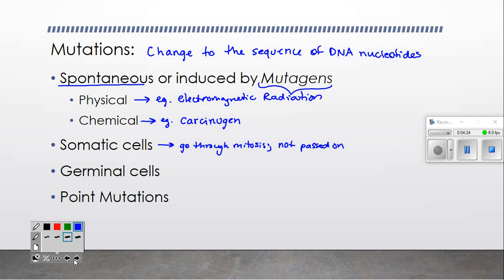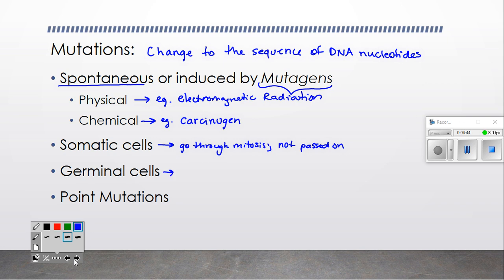So if I think about my child, because I have one, if I were to get a DNA mutation in one of my somatic cells, say my skin cells, I would not have passed that on to her because it was in my somatic cells. Those aren't the cells that I'm passing on to the next generation.